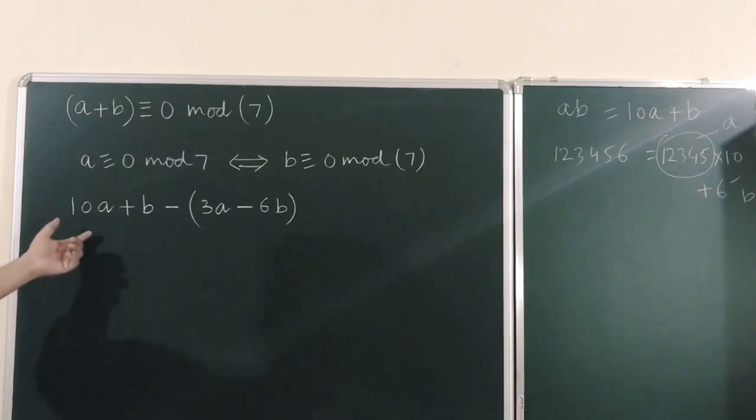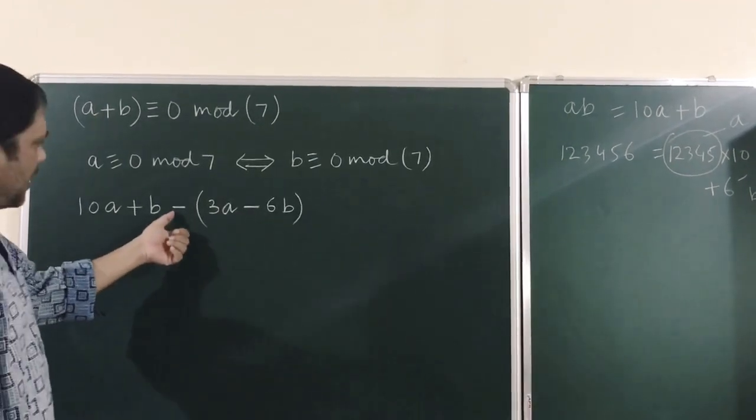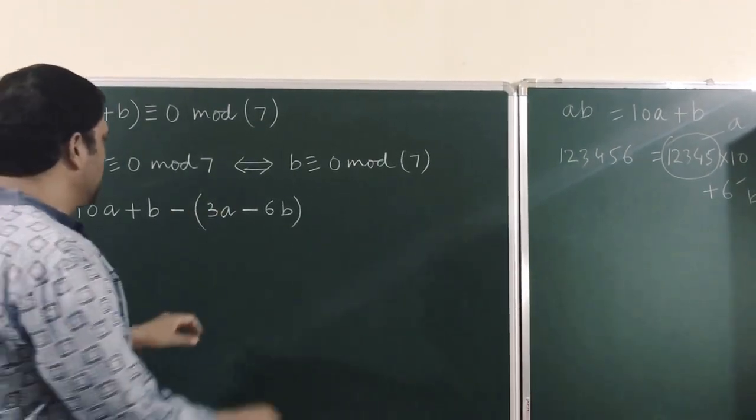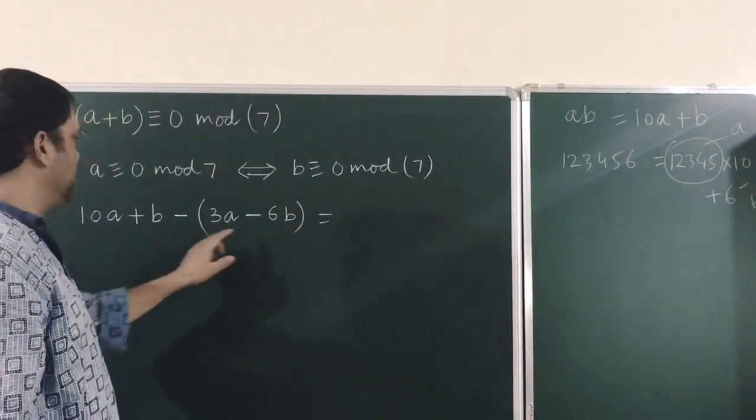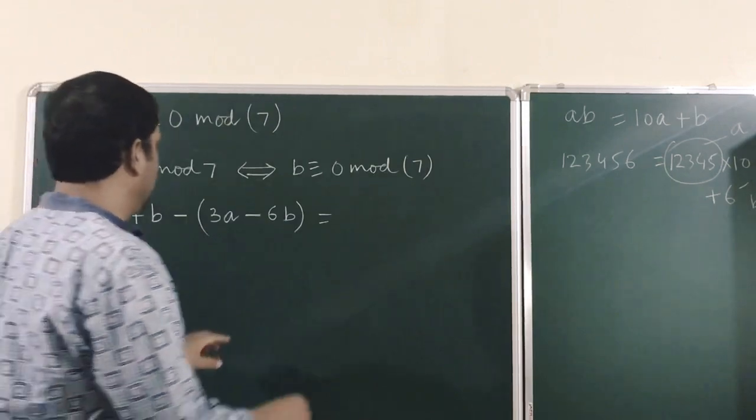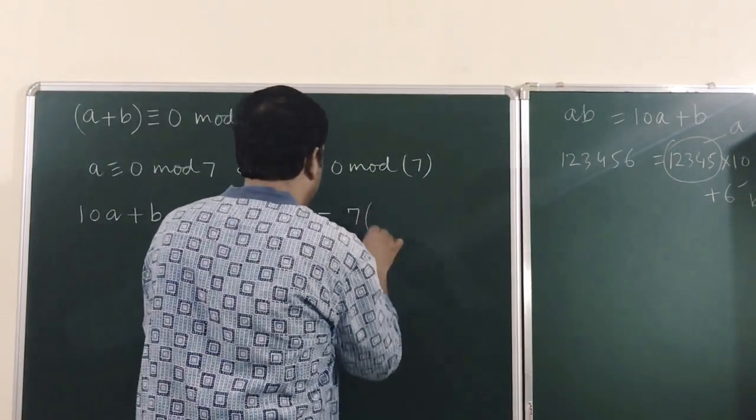So you can see there the 10A plus B, I'm writing minus 3A minus 6B. You'll get plus 6B, and 10A minus 3A is 7A. So you can write 7A plus B.